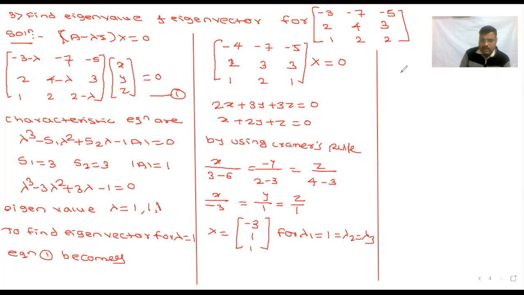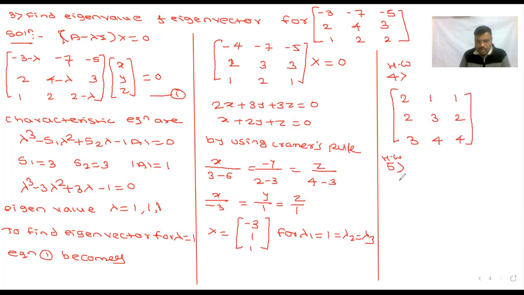Fourth one is for your hard work: 2, 1, 1, 2, 3, 2, 3, 4, 4. Fifth one is for your hard work: -9, 4, 4, 1, 3, 2, -1, -5, -2.